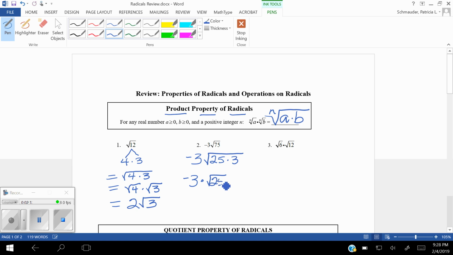So that would be negative 3 times the square root of 25 times the square root of 3. Simplify the square root of 25. We know that's 5. Square root of 3 can't simplify. So when I multiply these two, I end up with negative 15 times the square root of 3.